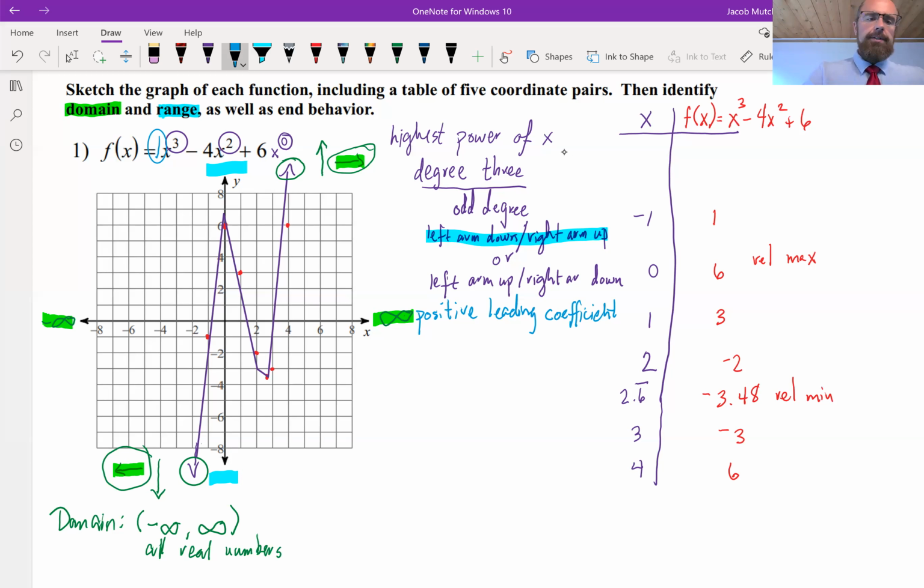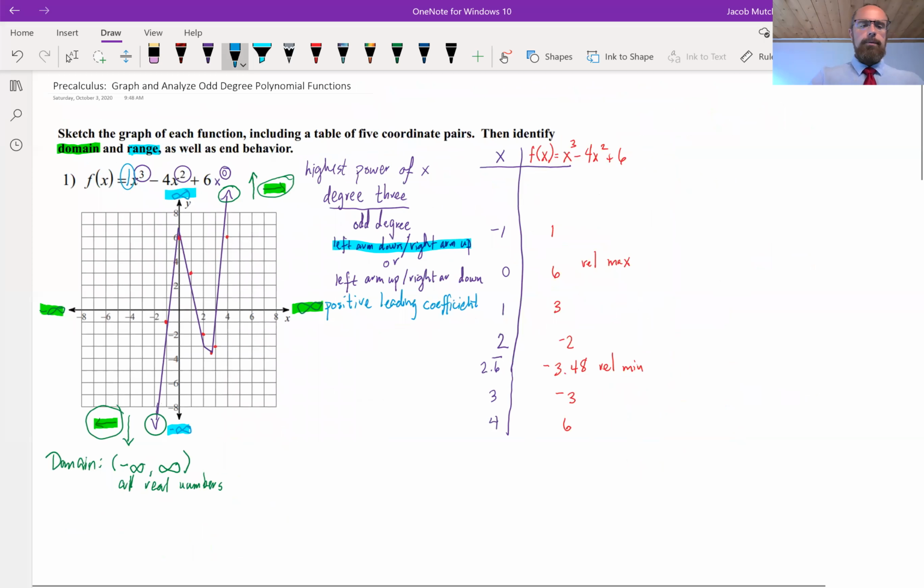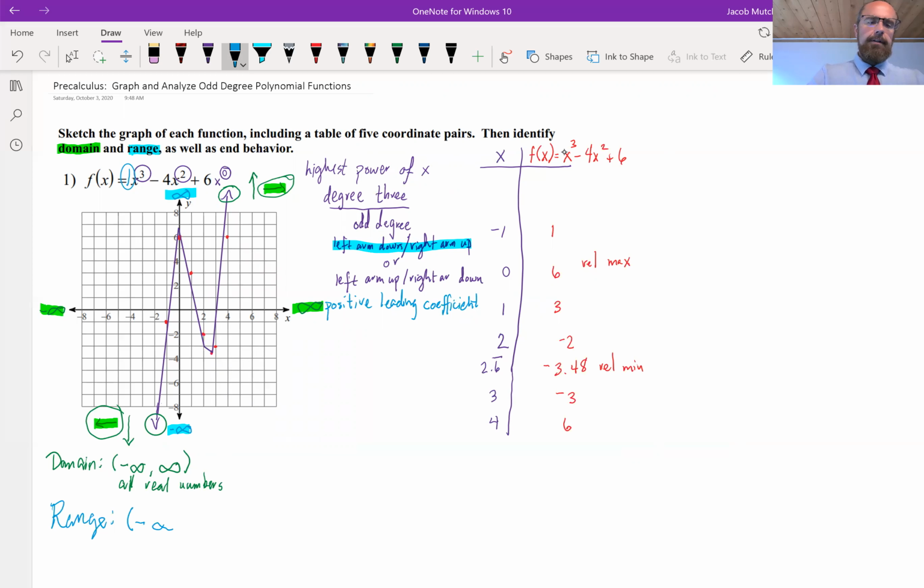So what I'm seeing, because this graph really travels uninterrupted from the lower part, here where I've got one arm down, I do have kind of a squiggle there in the middle, but there's no interruption in terms of the function. The right arm is pointed up. And so what's different about odd degree polynomials is that the range, like the domain, is going to be all real numbers from negative infinity at the lower part of the graph to positive infinity at the upper part. And that's a big distinction between odd degree polynomial functions and even degree polynomial functions.